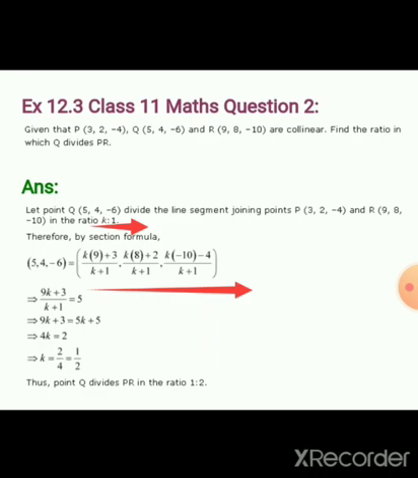So take any one of the coordinates, you will get the value of k. If you take the first coordinate, that is 9k plus 3 divided by k plus 1 equal to 5. Simplify this one and separate the value of k. Take k plus 1 to this side, that is 9k plus 3 equal to 5 into k plus 1, that is 5k plus 5.